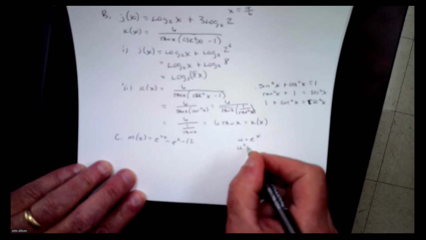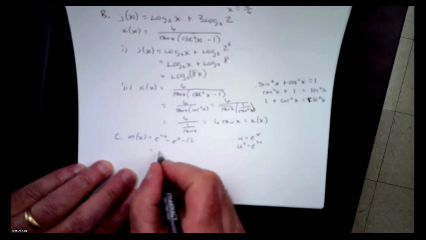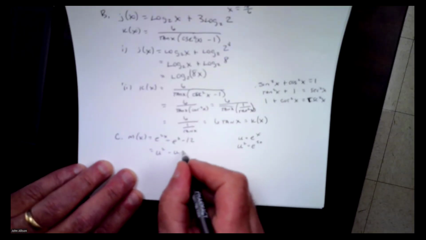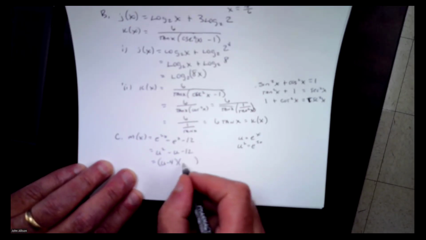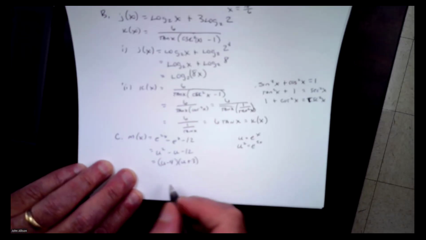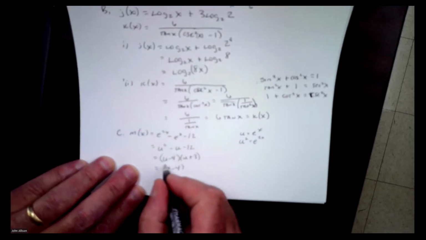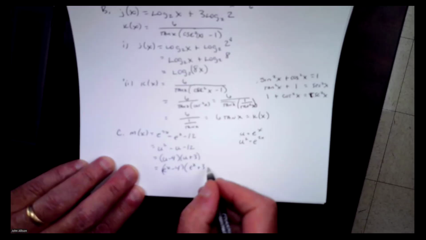That means u squared is e to the 2x. That means this is u squared minus u minus 12, which factors easily: u minus 4 times u plus 3, which is e to the x minus 4 times e to the x plus 3.